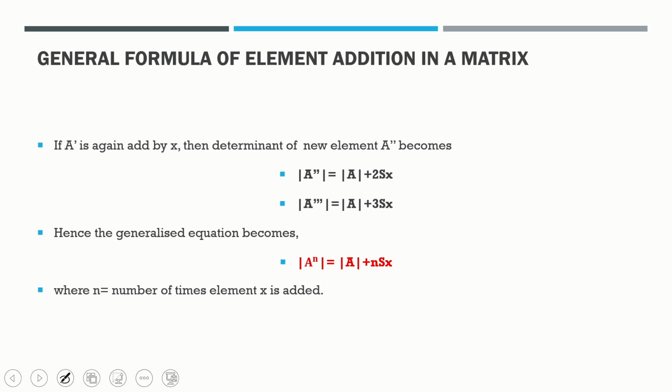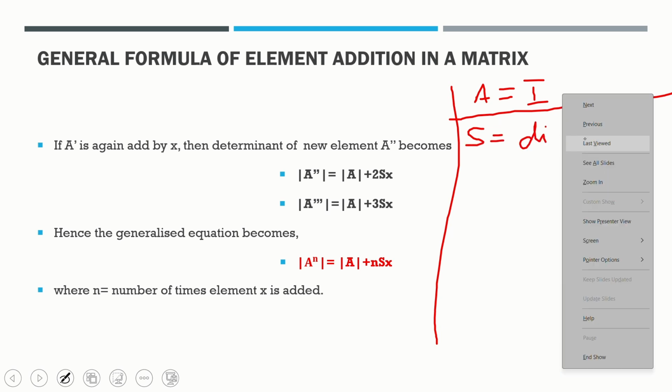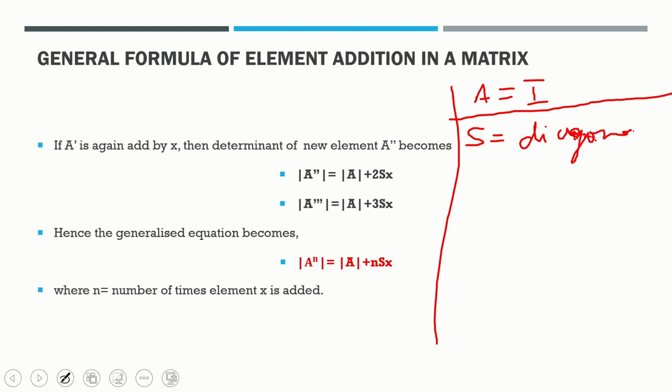One more case. If a is I, the identity matrix, one point you should remember is that S is equal to the diagonal sum of I. If you know what is I, then S will be the diagonal sum, means 3.